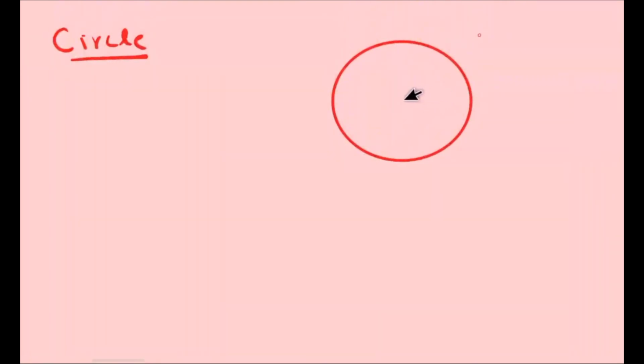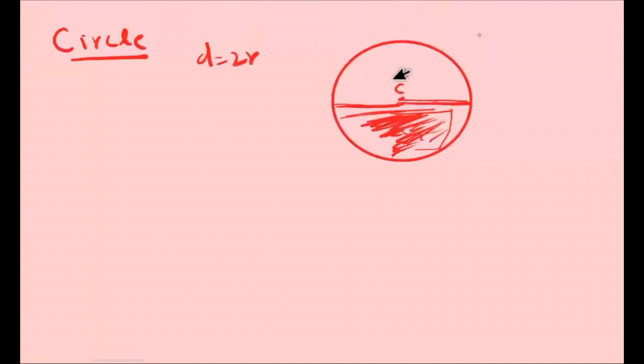In this circle, this one is the center, this is the radius, and this is the diameter, and you know diameter equals twice r. Okay, now this one is a semicircle. The diameter divides the circle into two parts.